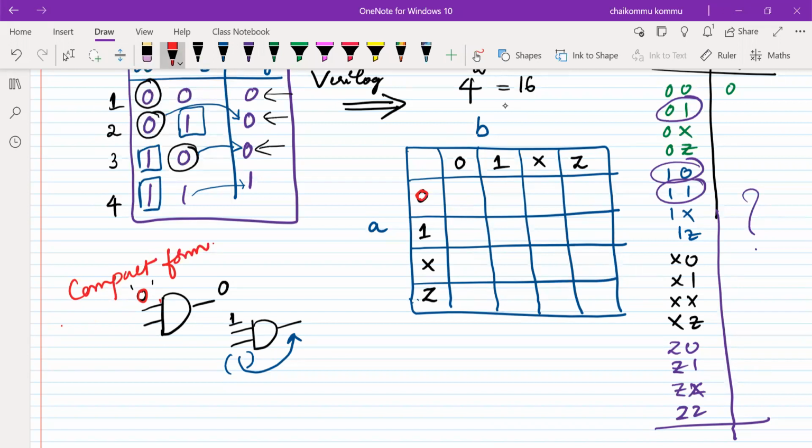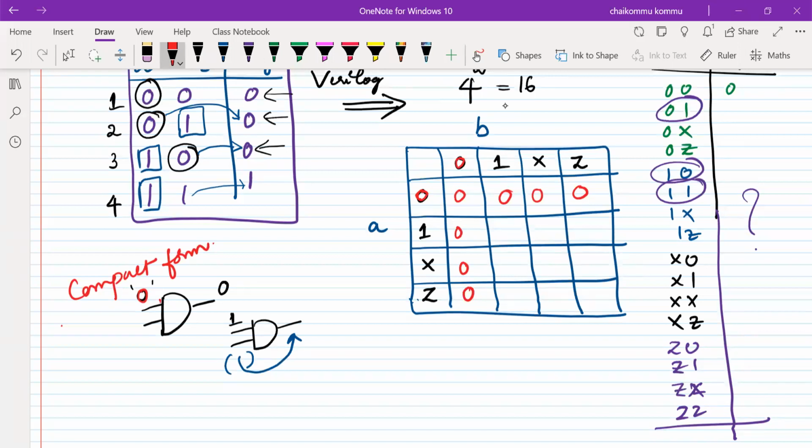If any one of the inputs is equal to 0, irrespective of the second input signal, the function output is 0, 0, 0, 0. Similarly, if B is equal to 0, irrespective of the A input signal, the function output is again 0.